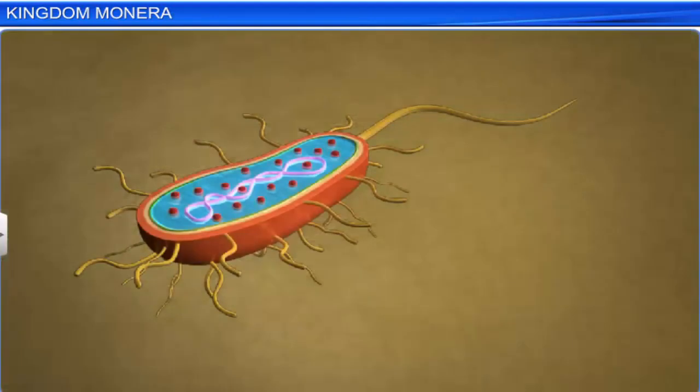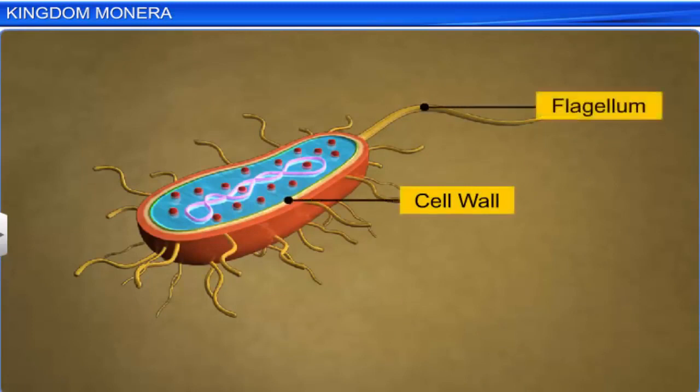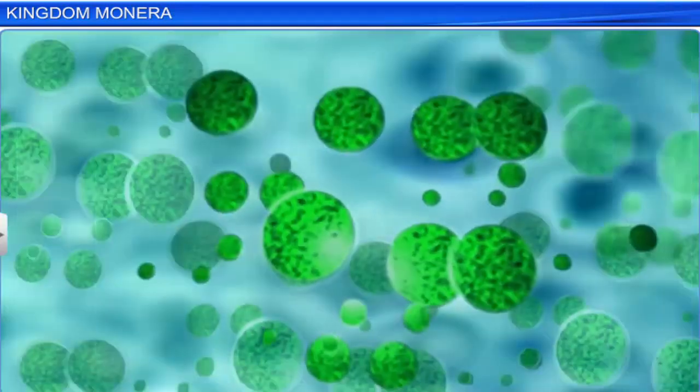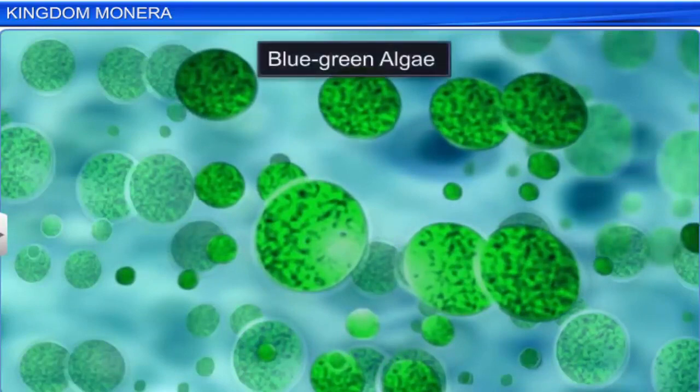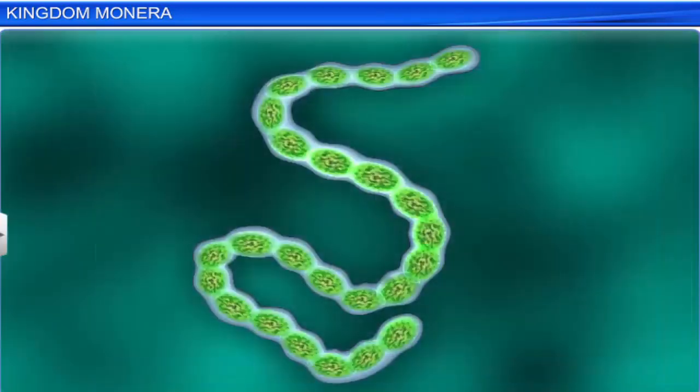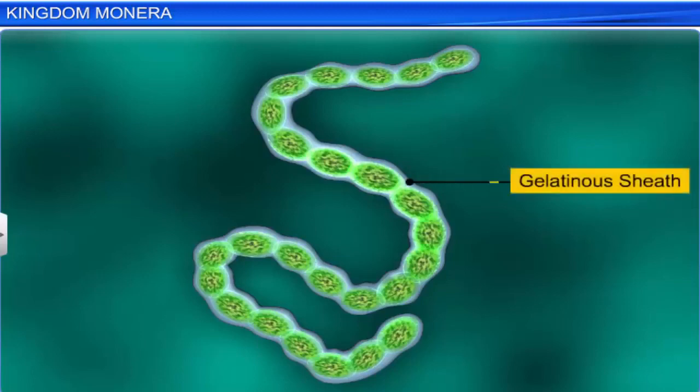They are characterized by the presence of a rigid cell wall and, if motile, a flagellum. Cyanobacteria, commonly known as blue-green algae, are examples of eubacteria. They are unicellular, filamentous algae that live in colonies. Their colonies are usually surrounded by gelatinous sheaths.